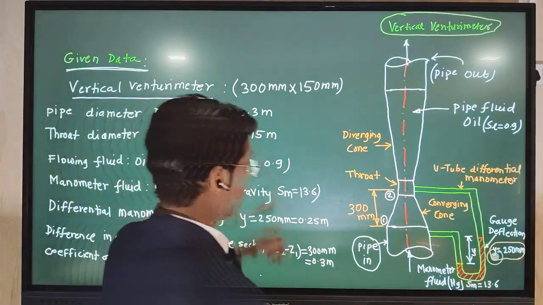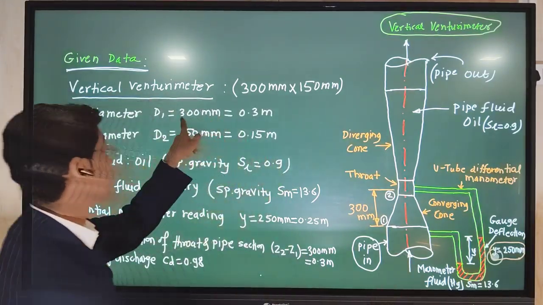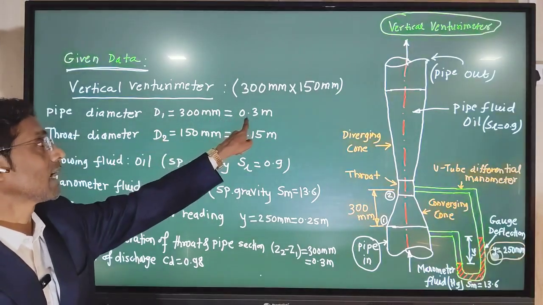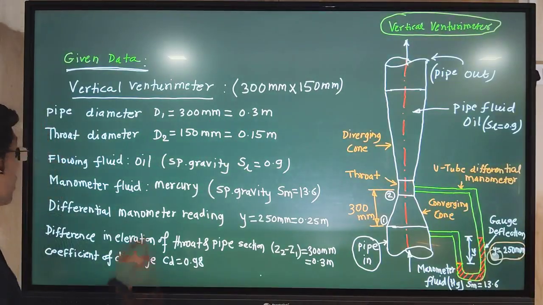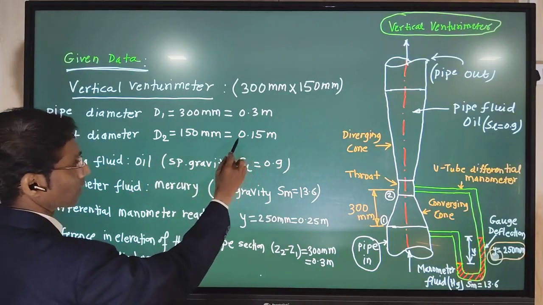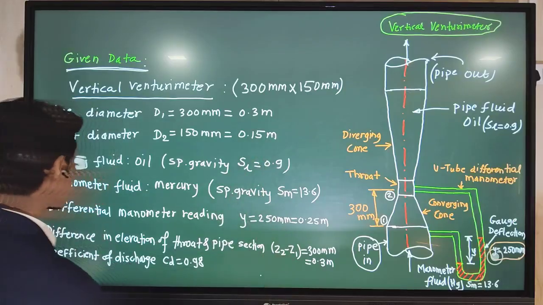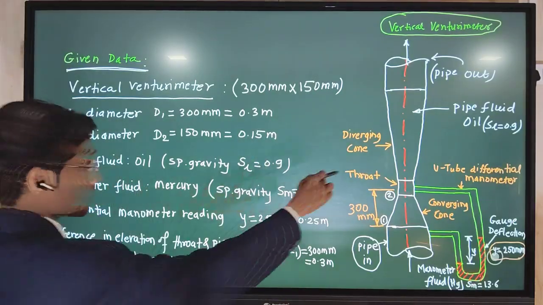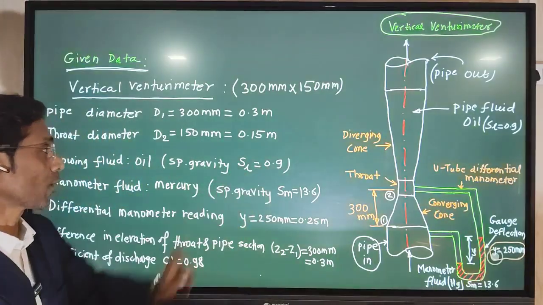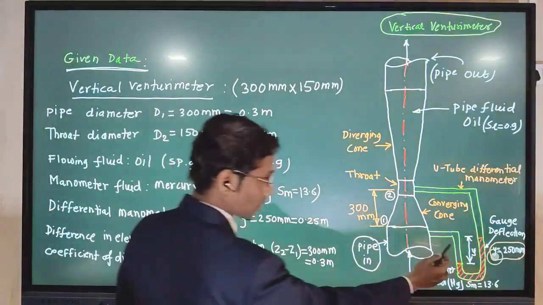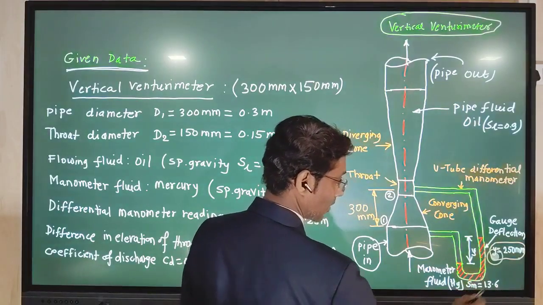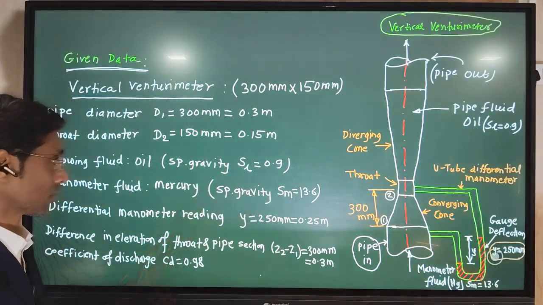Then the pipe diameter is given as 300 mm, so D1 in meters for the calculation we take as 0.3 meter. The throat diameter is given in mm; that also we take in meters, 0.15 meter. The fluid flowing through this pipe is oil. Its specific gravity is 0.9. The fluid used in the manometer is mercury. Its specific gravity is 13.6.